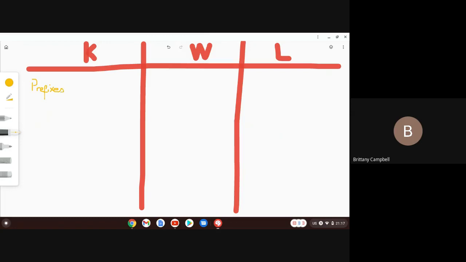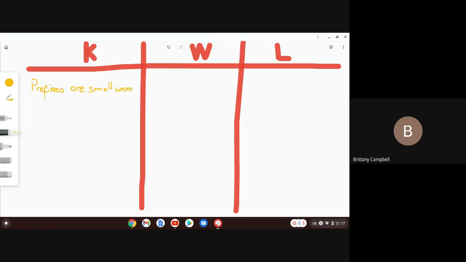So prefixes are small words. That's the only information there.